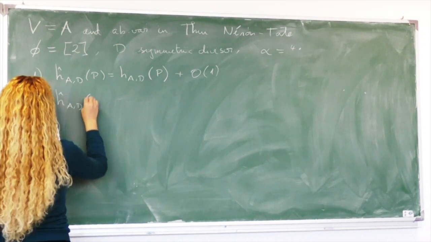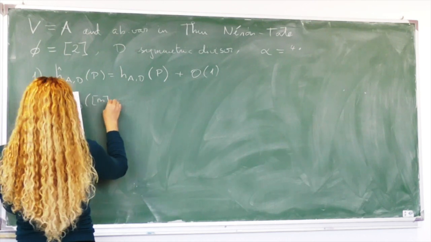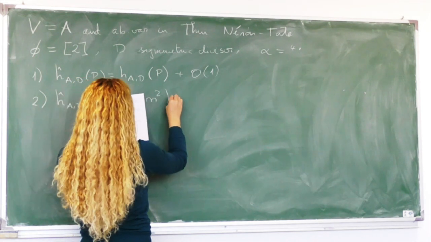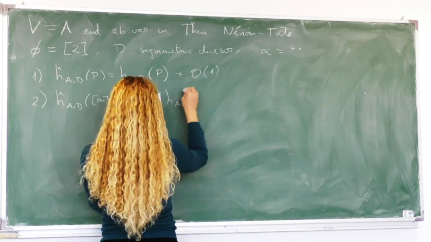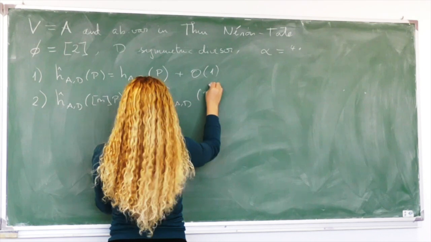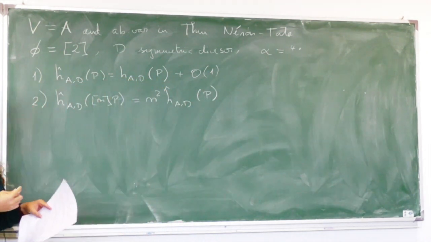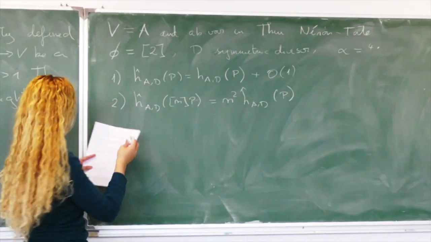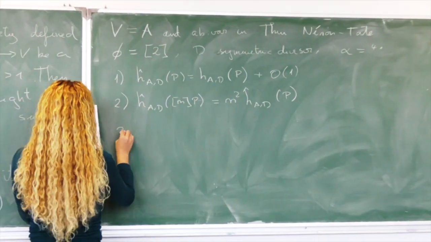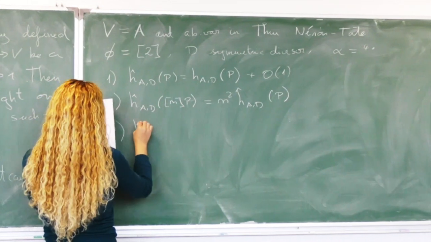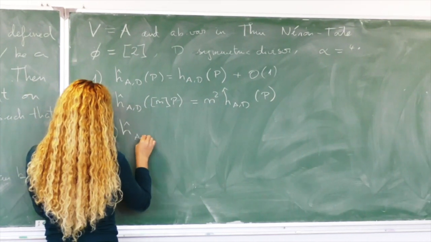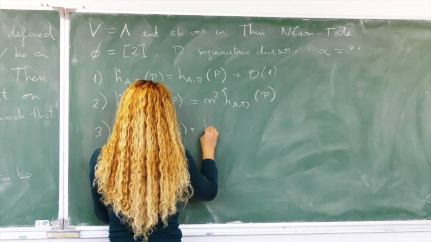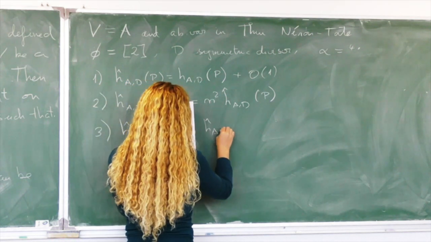Now, the second property, I can rewrite it like this. Nice. This time the morphism is multiplication by m. Because in the limit we have the same properties as for the height, we have a parallelogram equality.